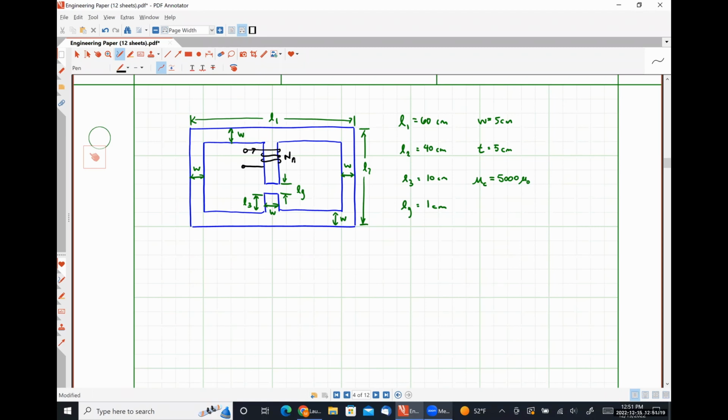The little arrow is the direction of our current, and I'm going to call this current IA, like so. We're going to have a coil down here that has NB turns and is carrying a current of IB.